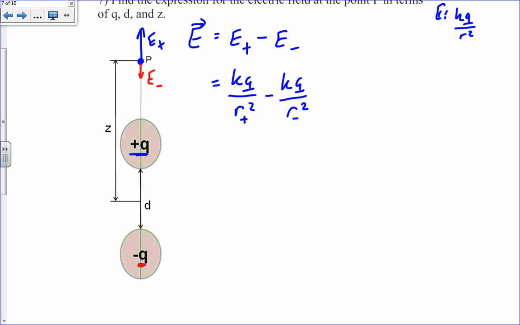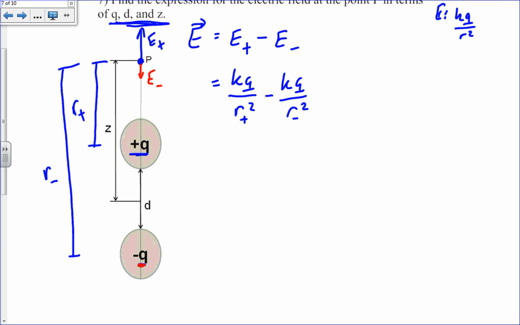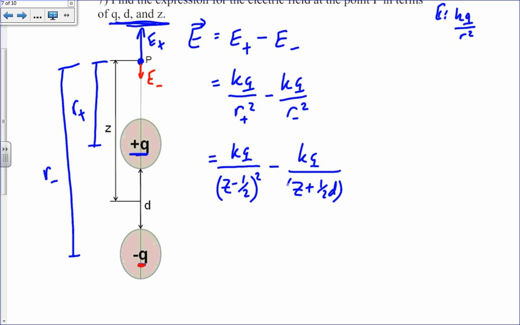All right, so I'm just saying this distance is R plus and this distance is R minus, but now I'm going to express this in terms of Z and D because I want this to be all in terms of Q, D, and Z. So I have KQ over Z minus 1/2 D squared minus KQ over Z plus 1/2 D squared.